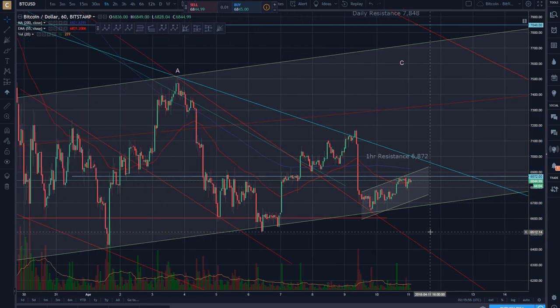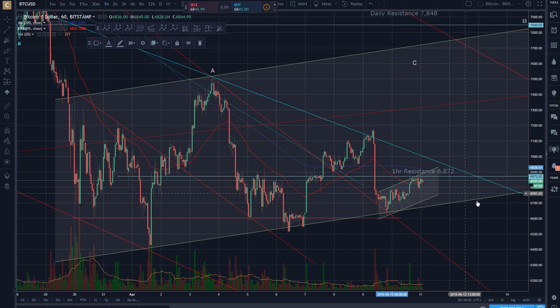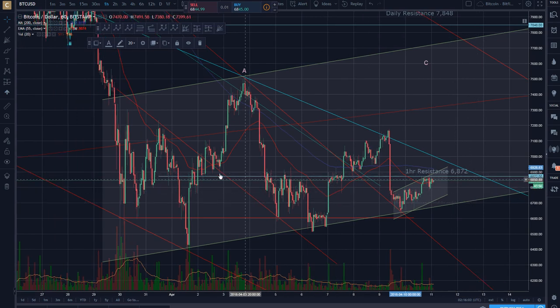There's quite a bit of resistance. Also, we had this 1-hour resistance line that we had drawn right at the 6,872 level. We've drawn this, I think, a few different places, but most recently, I think we drew it right here, okay? And this line would have ticked up as the market moved up, right? But since we haven't made a video for quite some time, about a day and a half or something like that, this basically has stayed where it's at.